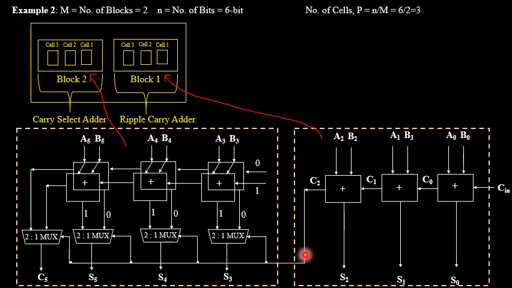So this entire dotted box what you are seeing is nothing but the block 1 representation. So you can see 3 cells. So these are the 3 cells. So it's a simple ripple carry adder. So ripple carry adder provided A0 B0 as input, carry input, generates some output as S0, carry output as C0, A1 B1, S1, carry output is C1, A2 B2, then carry input is C1 for this block, S2 and C2 will be the carry outputs generated.